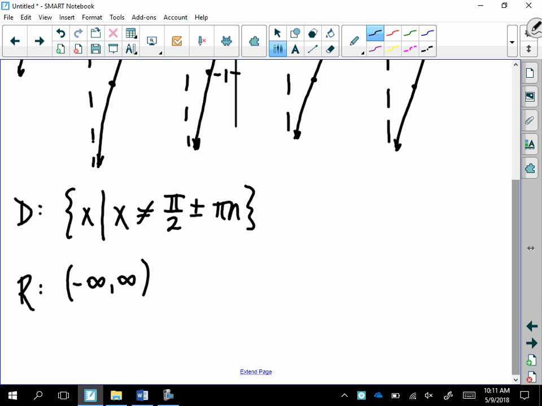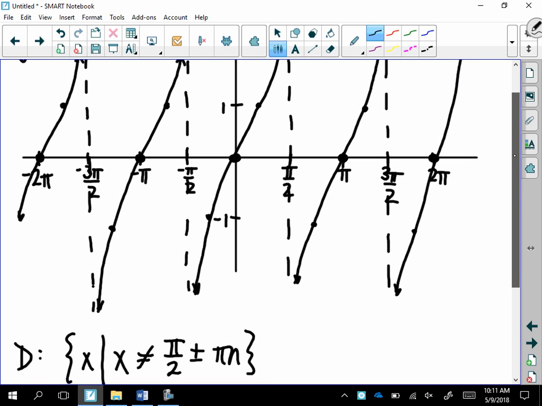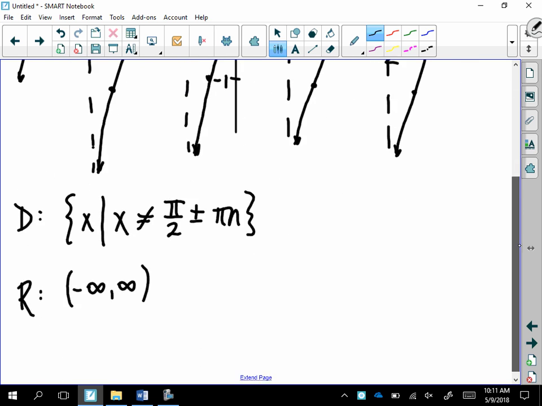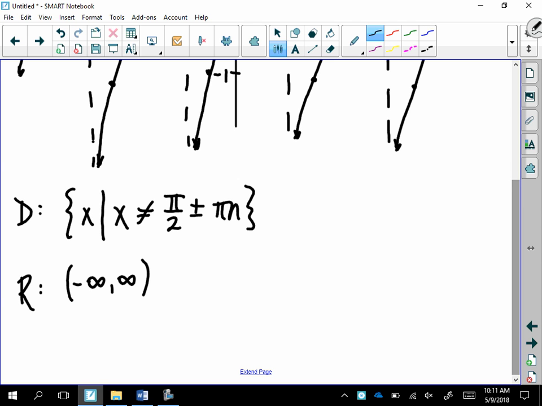And that's why when we talk about inverse sine or inverse cosine or inverse tangent, we have to restrict ourselves to be between, in this case, -pi/2 and pi/2. But it's not 1 to 1. Does it have any asymptotes? Yeah, all the x such that x is equal to pi/2 plus or minus pi n. So the restrictions on the domain are the asymptotes, and that's why there are restrictions on the domain.